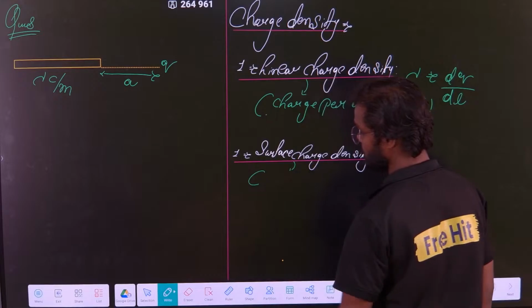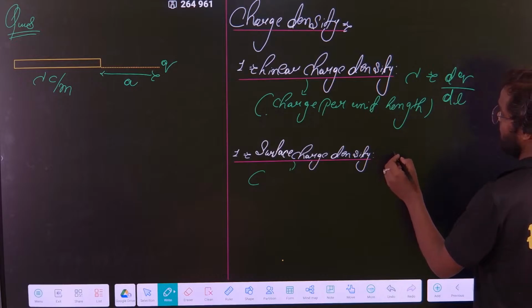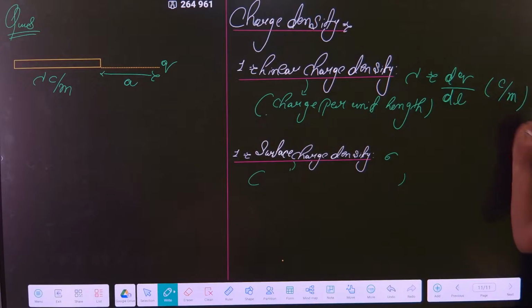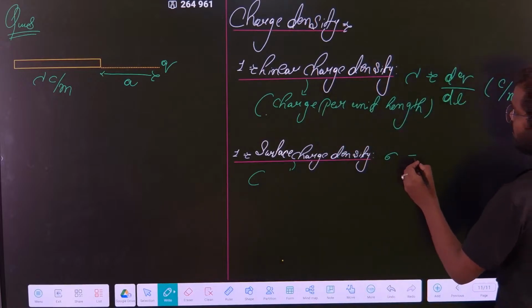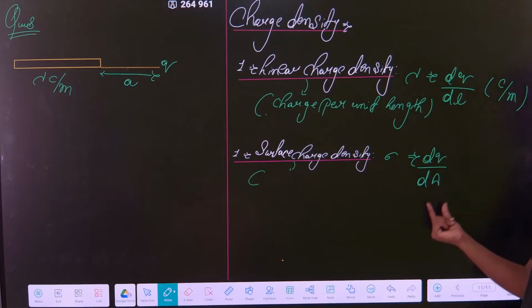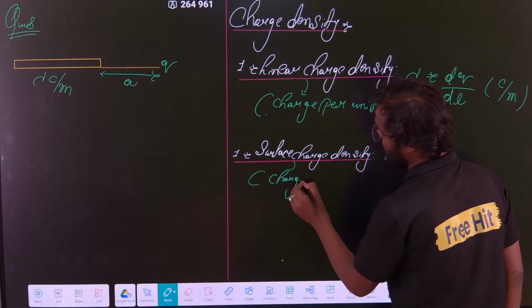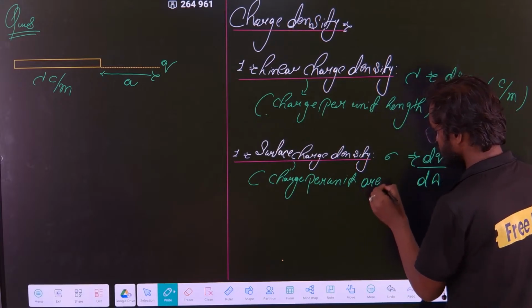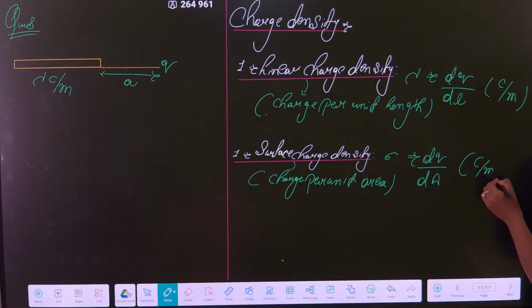What is the definition for surface charge density? Surface charge density is sigma. Sigma is defined as dq by dA, that is charge per unit area. Clear? And this unit is coulomb per meter square.